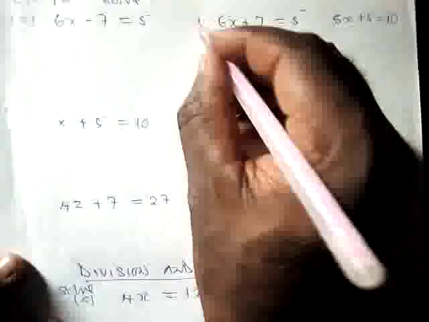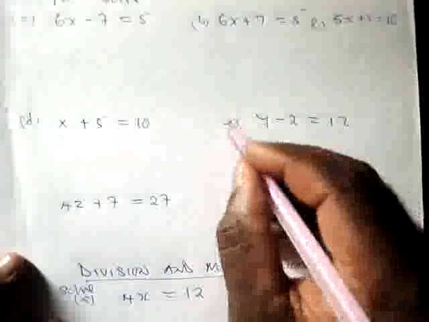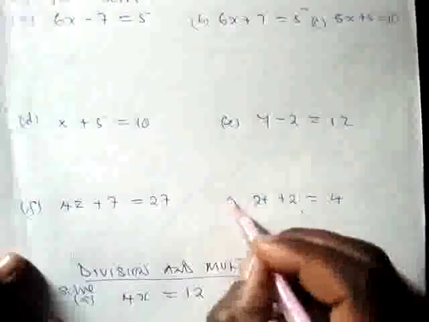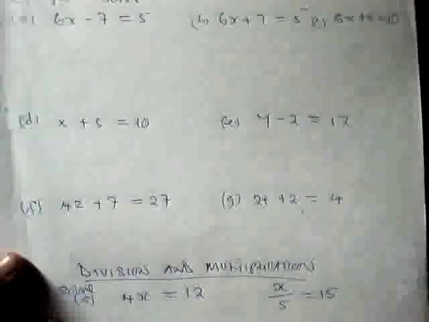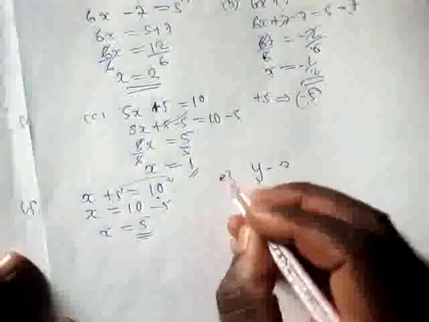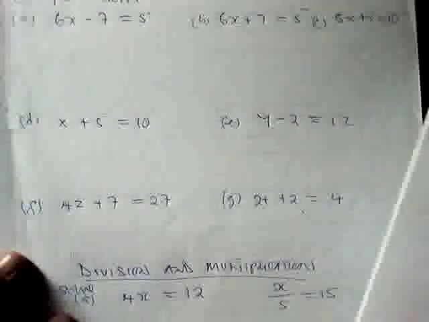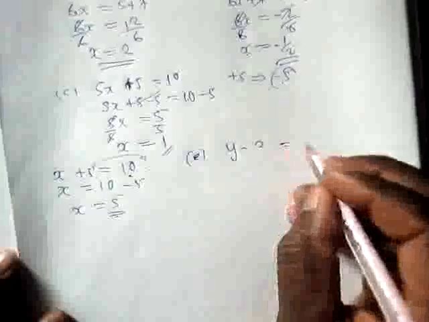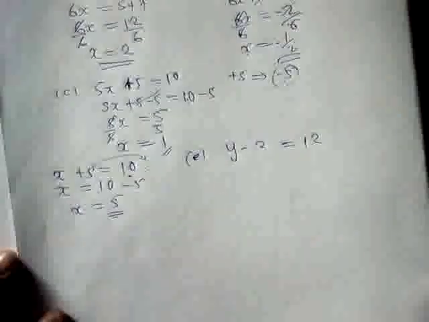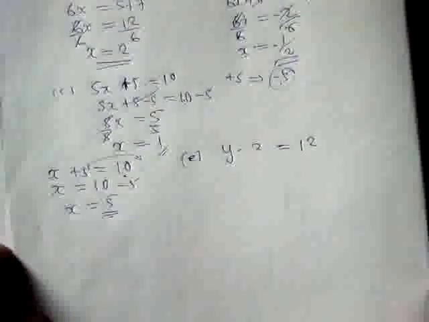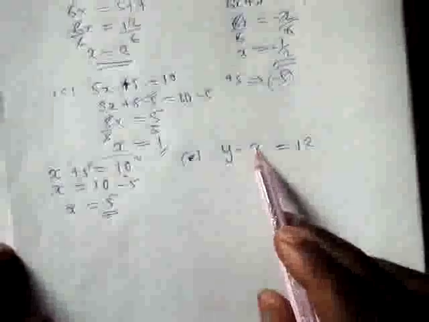Then the next one, we have y minus 2. Okay, so this is B, C, D, E, F, and G. So we go to E. Our E, y minus 2 is equal to 12. So I will use the simple method of shifting the number here.